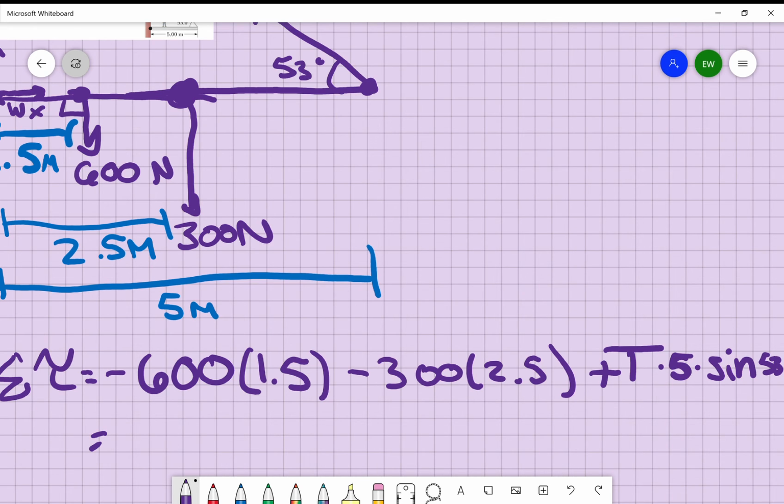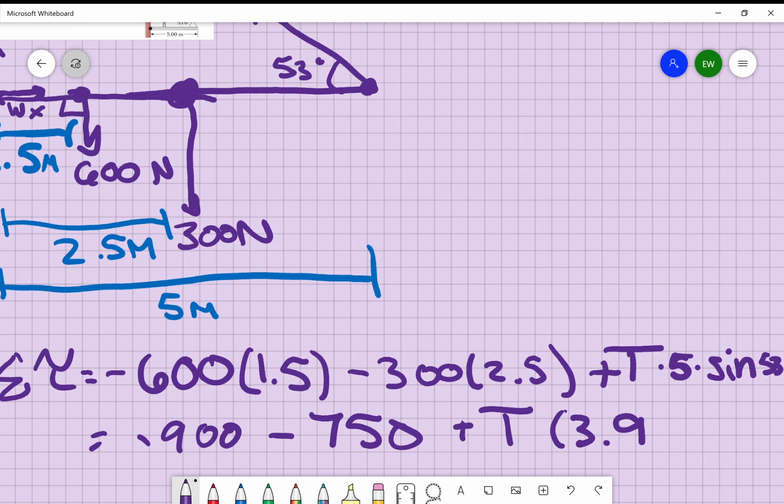So we've got negative 600 times 1.5, which is negative 900, minus 300 times 2.5, which is 750, plus T times 5 sine of 53, which is 3.993 for right now.